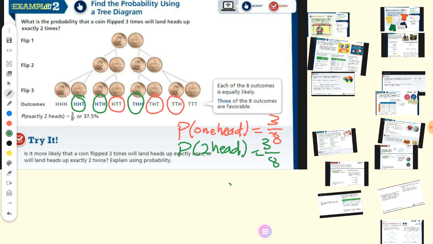So the probabilities are equal. So neither is more likely than the other. Both have the same chance. Okay? This is how to find the possible outcomes. We learned now how to get all possible outcomes, which is the sample space, and the probability of an event. Okay? Let's take another example.